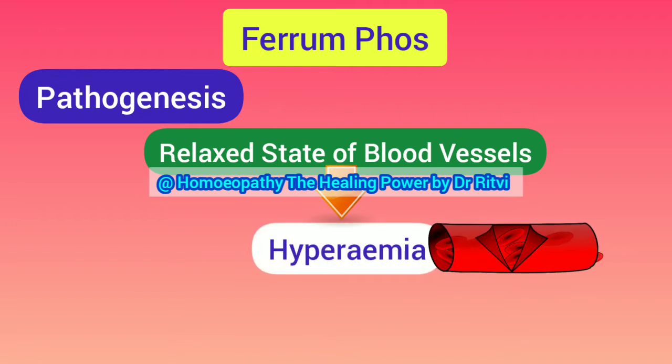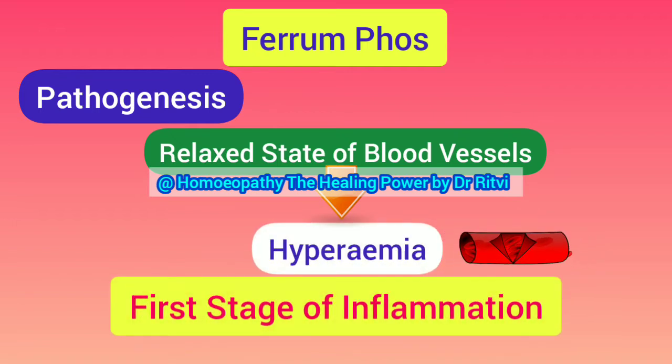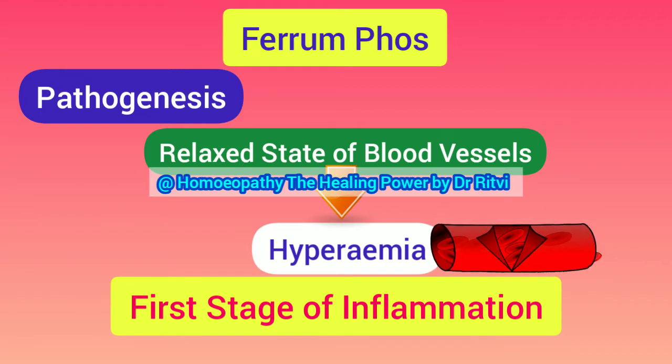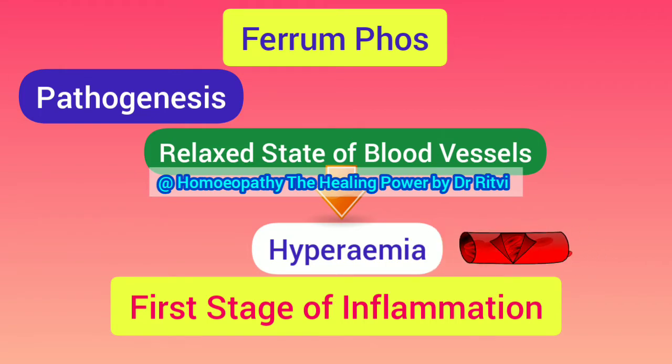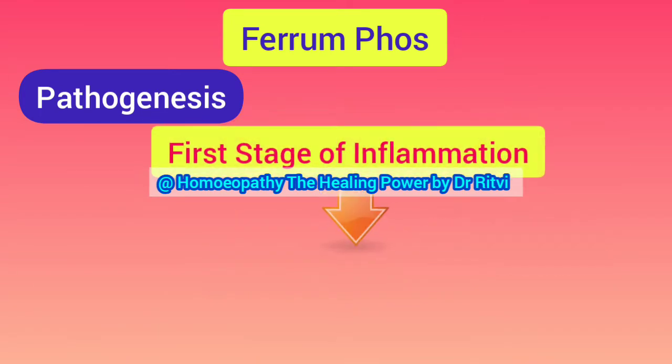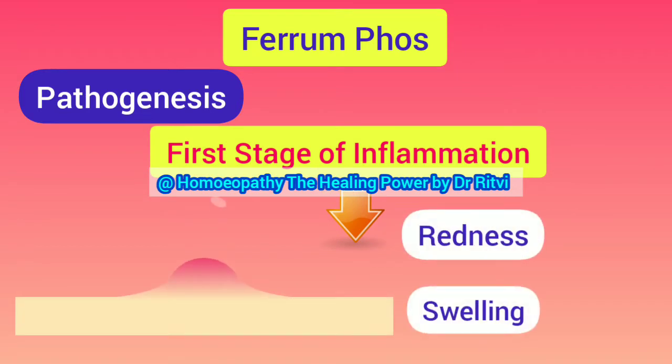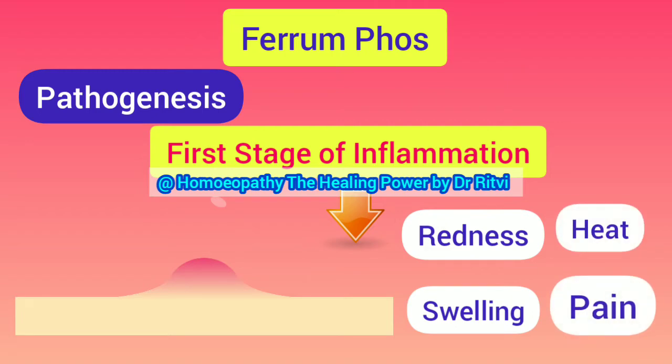And such a state of hyperemia forms the first stage of inflammation. And friends, this internal inflammation is expressed externally in the form of swelling and redness of the affected part. There is also a feeling of heat with pricking type of pain over the inflamed area.